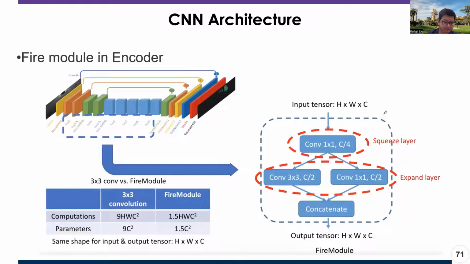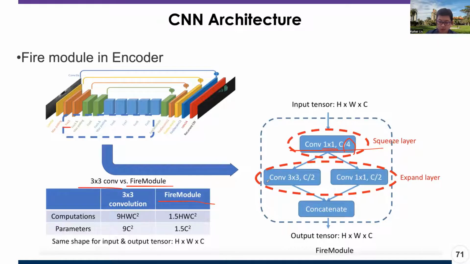SqueezeNet is used to reduce the complexity. For example, they call the Fire module. Compared with the traditional 3x3 convolution, like in the VGGNet, right? It's always 3x3 convolution. The computational cost is lower in the Fire module, because in the Fire module you first have squeeze, 1x1 convolution, channel reduced by 4. You squeeze the feature.